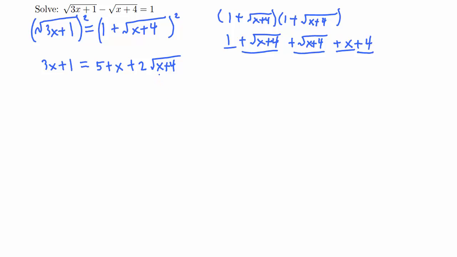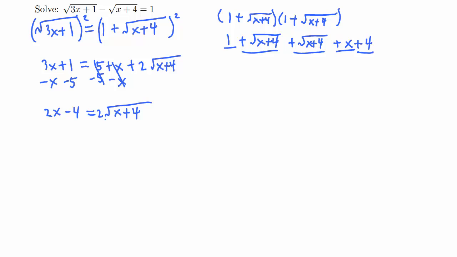Now then, at this point, we need to solve for this radical again. So I'm going to subtract 5 from both sides, subtract x from both sides, and what I'm left with is 2x minus 4 is equal to 2 square root of x plus 4.